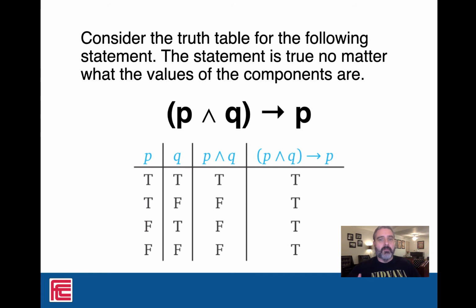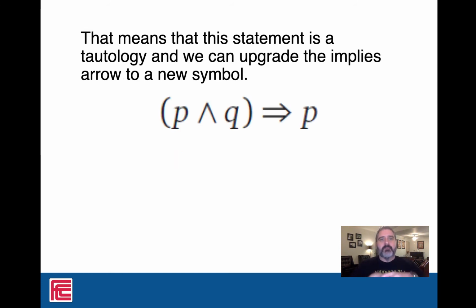And so P and Q implies P is always going to be true. That is a tautology. It's like, oh yeah, I had peanut butter and jelly for lunch. Oh, so you had peanut butter. Yes, I did, I just said that a second ago. This is going to be true no matter what, and so would be an example of a tautology.